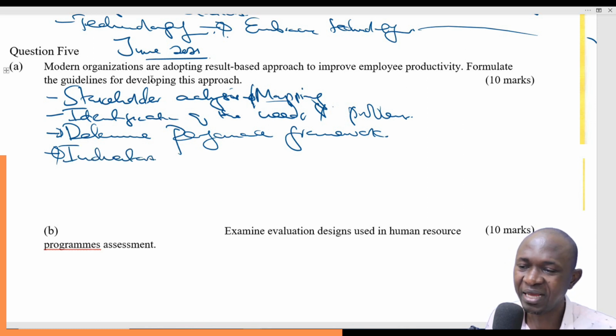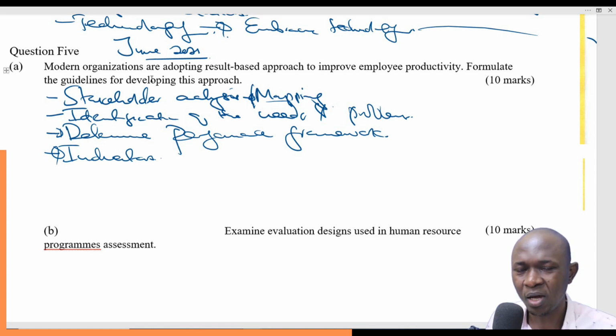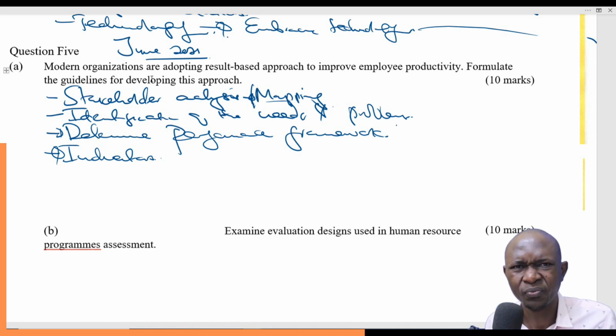These are very key, to show that you are progressing well with the performance framework. This performance framework is like an implementation matrix.